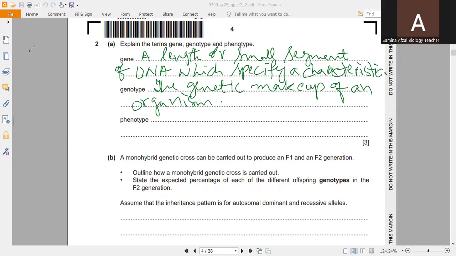Phenotype is the physical observable appearance or characteristics.